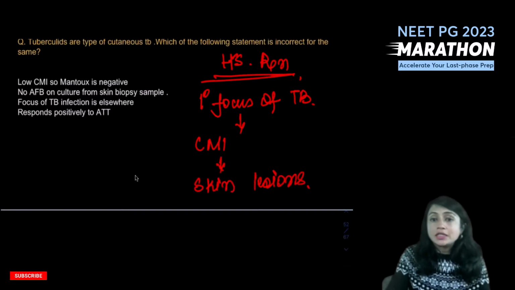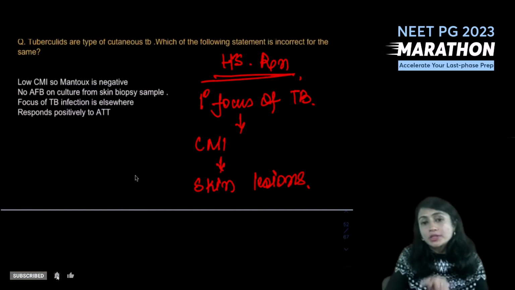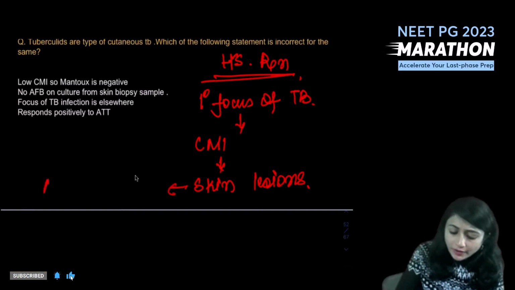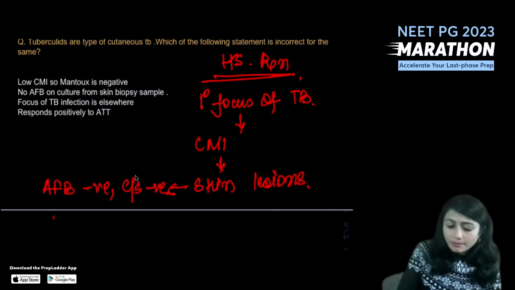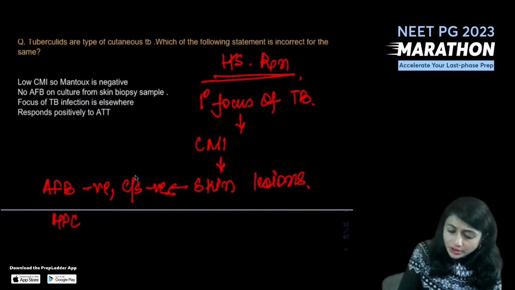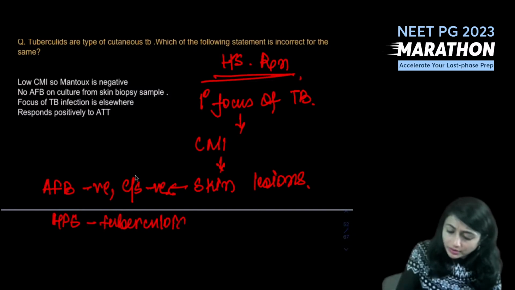So these skin lesions are because of CMI, not per se due to bacilli. So if I do AFB, it will be negative. If I do a culture, it will be negative. But if I do a histopathology, I will see a tuberculoid pathology here.